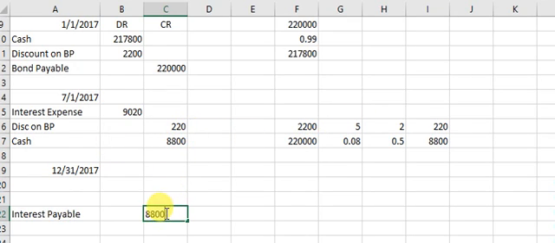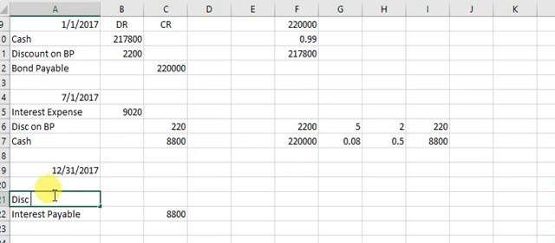It's 8,800 that we'll be paying the very next day after December 31st, and we'll get rid of this payable. But right now we're recording at year end, and our discount on bonds payable we said was the $220, just like it was before, and then 9,020 for the interest expense. And that's it for problem 14-3.